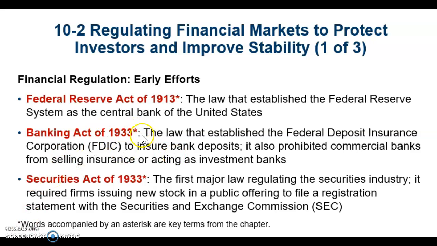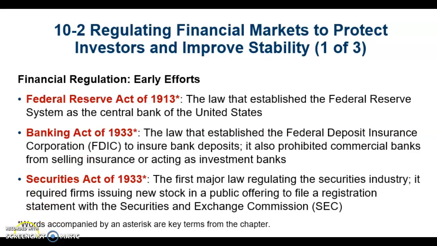Back in 1933, it insured deposits up to $2,500, which was a lot at that time. But now it insures up to $250,000, so if you have more than that, you would want to deposit up to $250,000 at each bank.